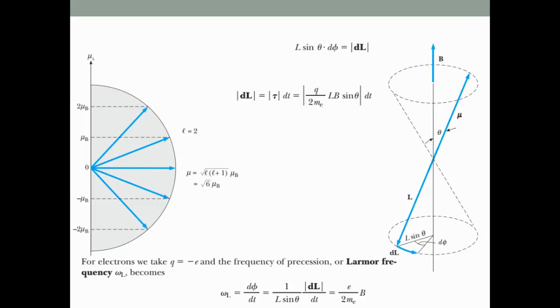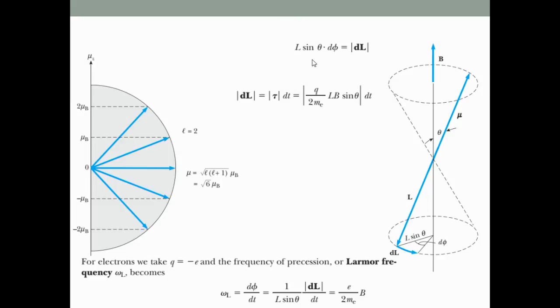From the figure on the right-hand side, we can see that in a time dt, the precession angle increases by d phi, where L sin theta times d phi equal to dL.